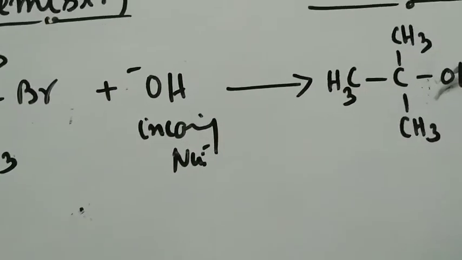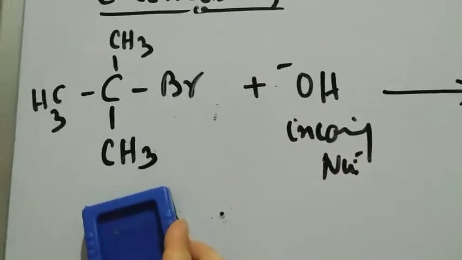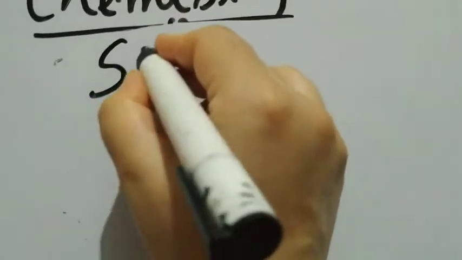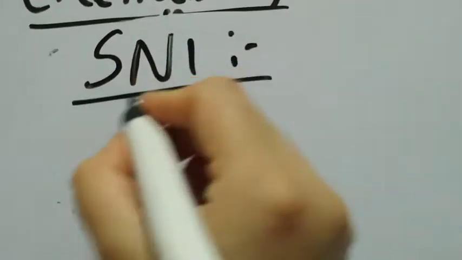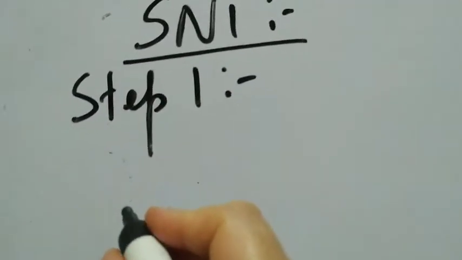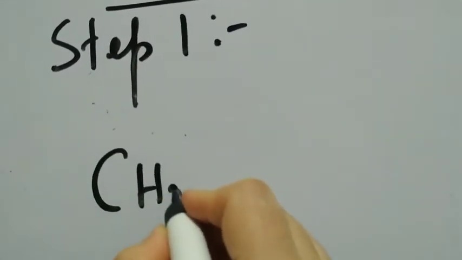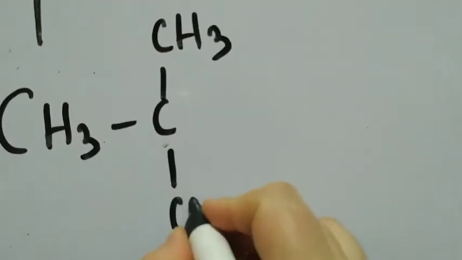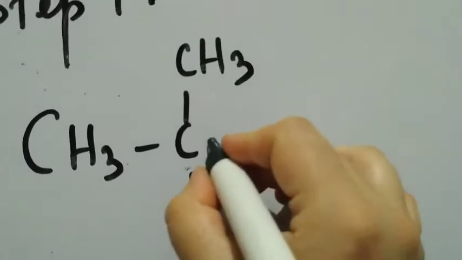Let's talk about the mechanism. You start with an alkyl halide and you get an alcohol. But how did we reach there? Let's take a look at the whole mechanism. The Sn1 mechanism takes place in 2 steps. Step number 1: we have (CH3)3C-Br.